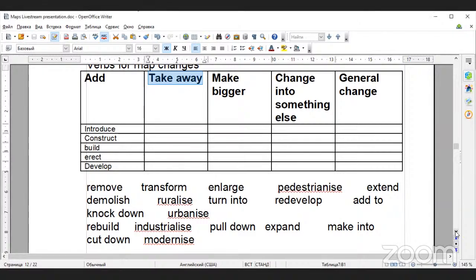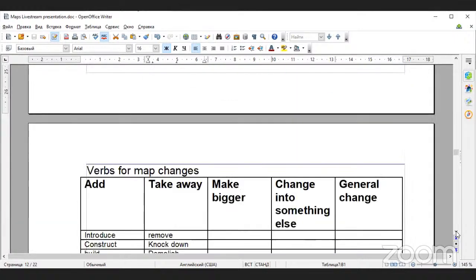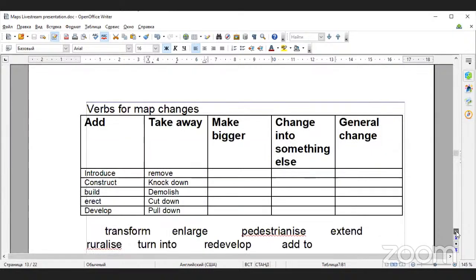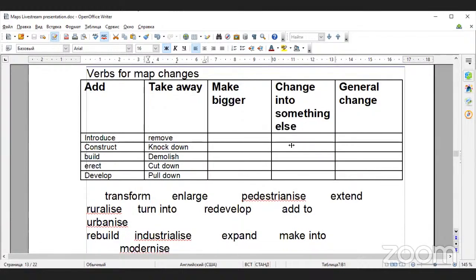Okay, so the words for take away are to remove, to knock down, to demolish, to cut down, or to pull down. Yeah, remove, knock down, demolish, cut down, pull down.